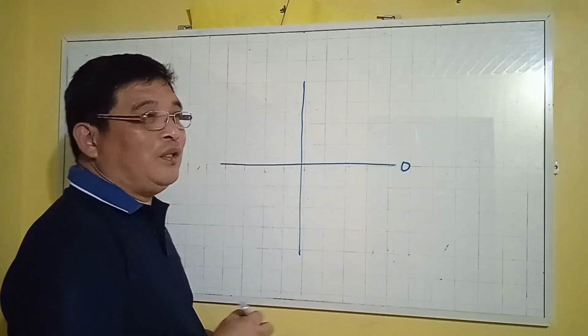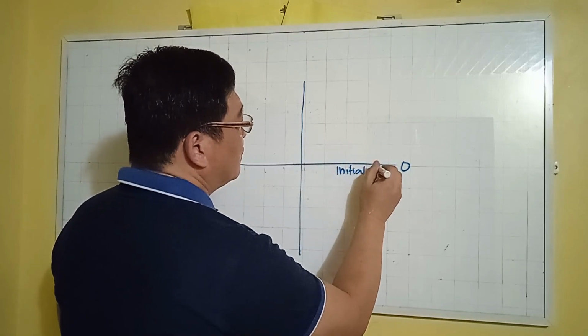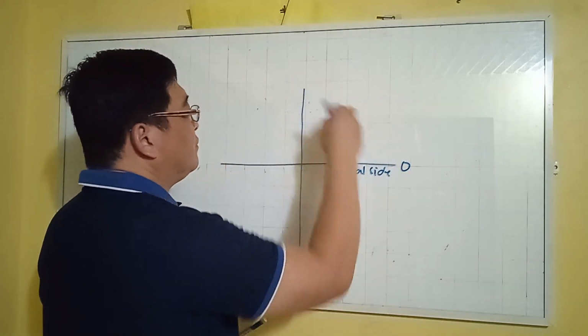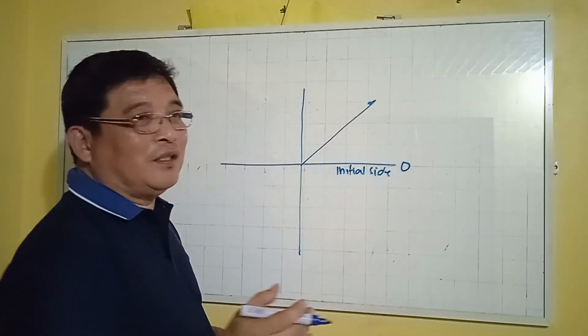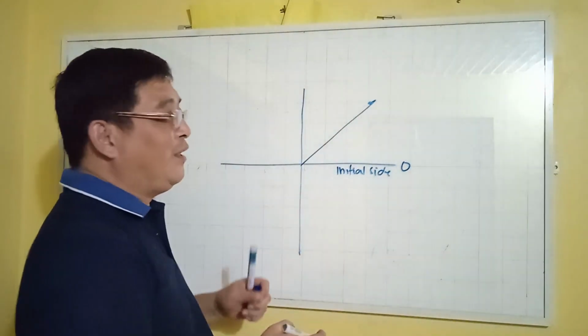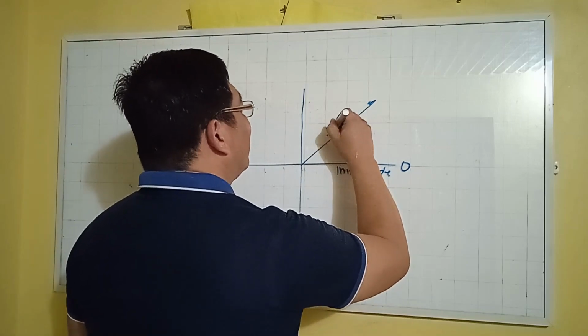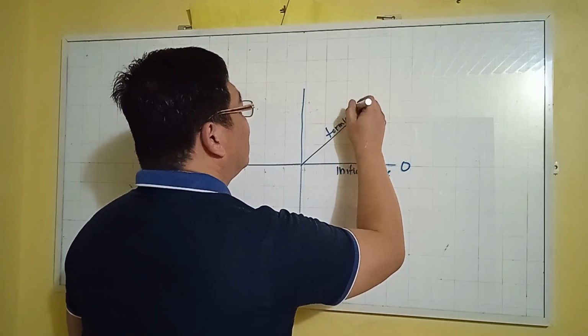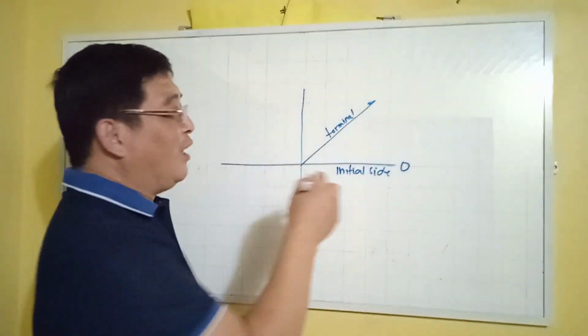So it started with the initial side. And then yung movement niya, ito yung arm na nagkakaroon ng movement. Pwedeng sabihin natin yung kanina, tinatawag natin the movement of this side, we call it terminal side, as moving counterclockwise.